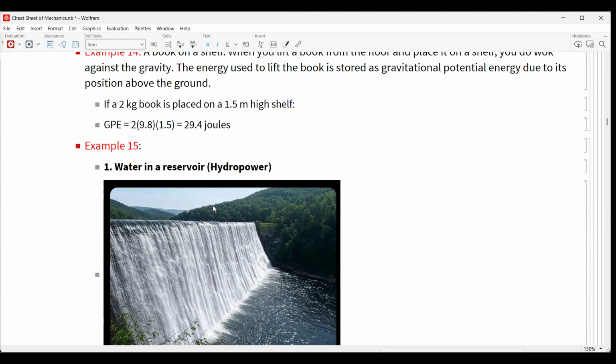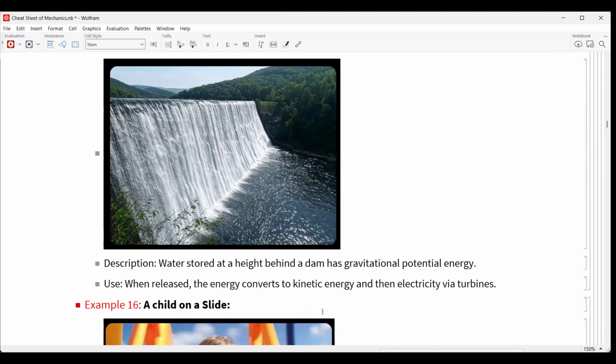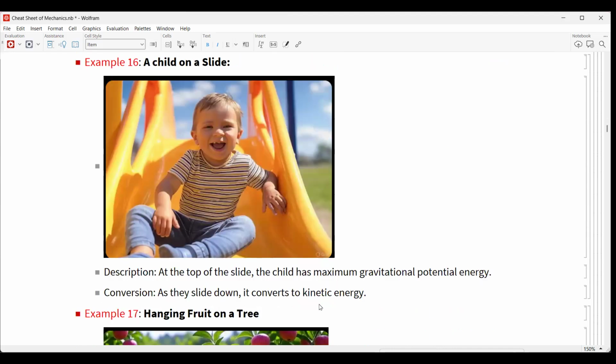We have another example here: water in a reservoir, hydropower. Water stored at height behind a dam has gravitational potential energy. When released, the energy converts to kinetic energy and then to electricity via turbines. Child on a slide: at the top of the slide, the child has maximum gravitational potential energy.